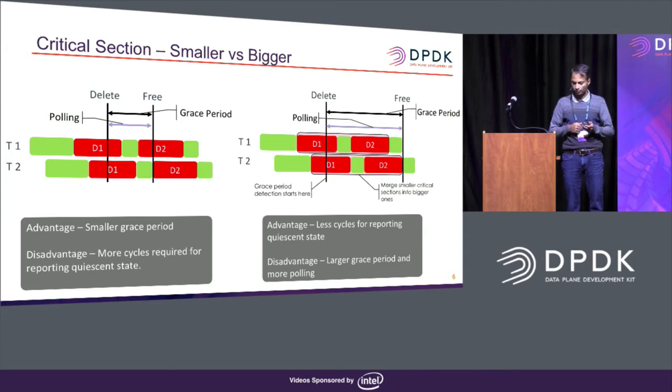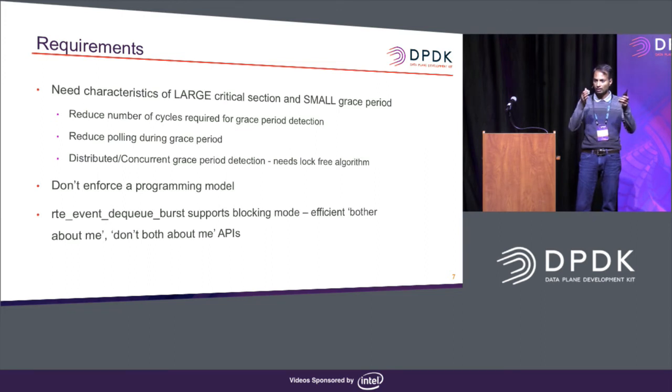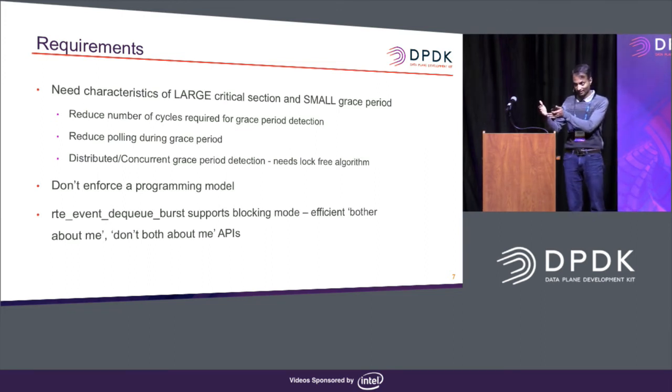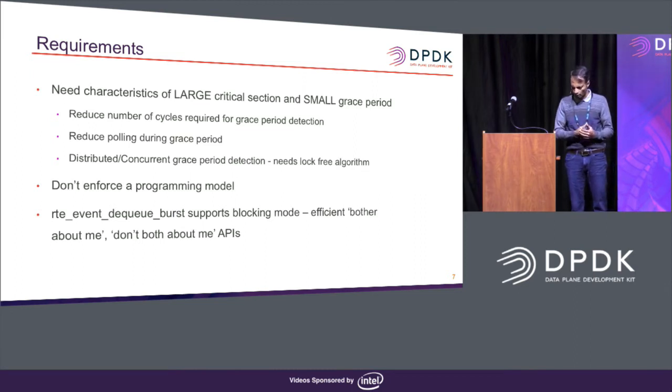Okay, so having understood these parameters, what are the requirements? From my perspective, we need the characteristics of a large critical section and a smaller grace period. This is what we need to get the performance benefit.